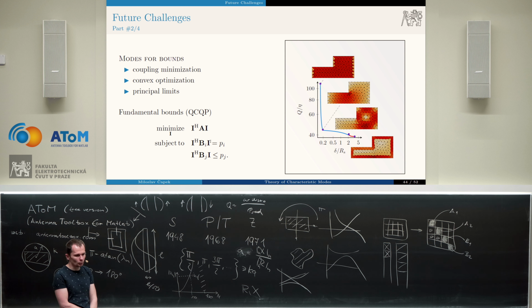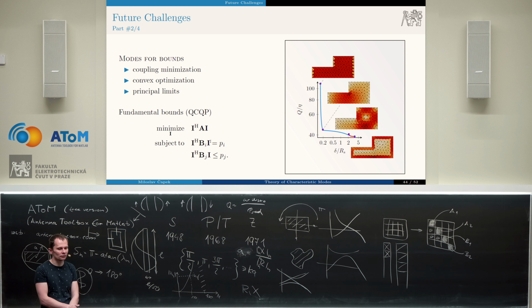The next topic, which is actually happening right now, is merging modes with bounds. And modes, I was showing you a lot of different current density modes, characteristic modes, other modal decompositions as well. And bounds, that's a completely different topic, now very popular in electromagnetism. And research there is extremely active. With bounds, we are typically investigating the best possible performance of some shape.